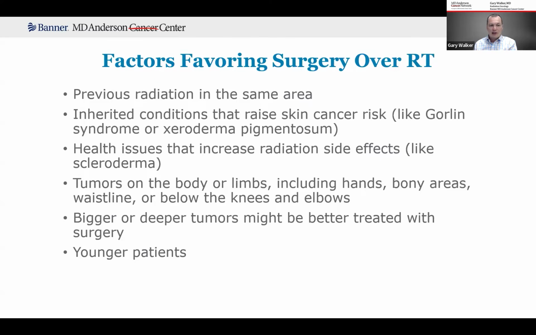If they have some other contraindication for radiation therapy, typically these are very easy surgeries to do on limbs, elbows, things like that. These are commonly done by our dermatologists. If they're really big tumors, then we worry that radiation may not be sufficient. And so in those situations, surgery plus radiation may be more effective.